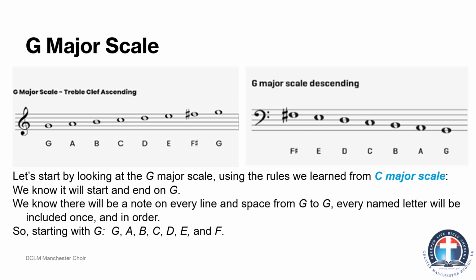Let us start by looking at the G major scale using the rule we learned from C major scale. We know it will start and end on G. We also know there will be a note on every line and space from G to G. Every named letter will be included once and in order.